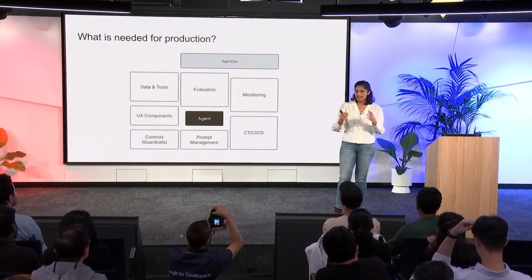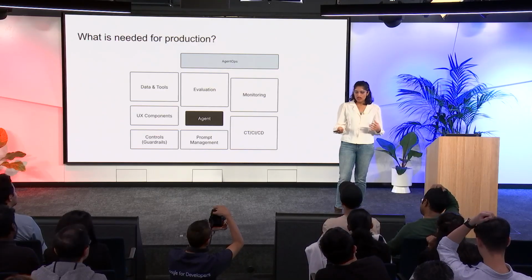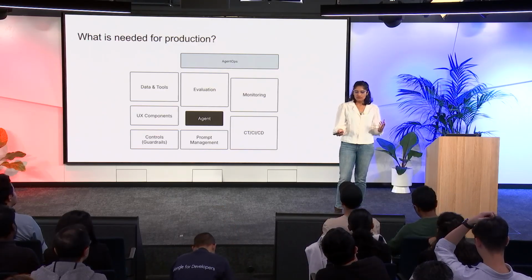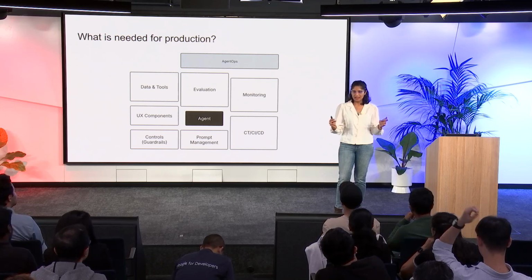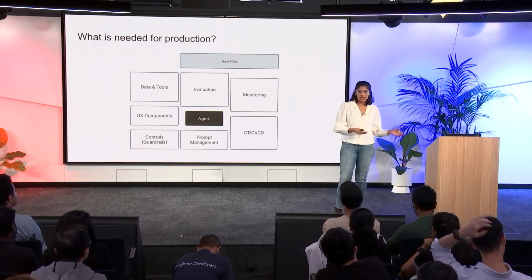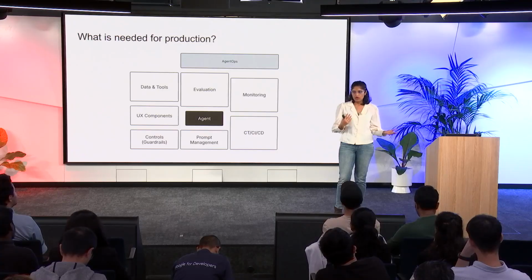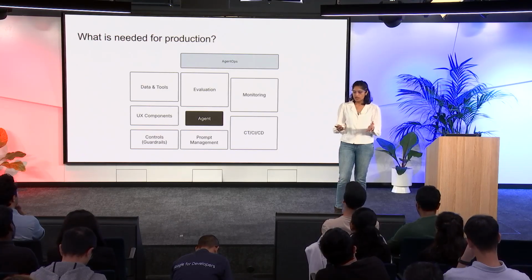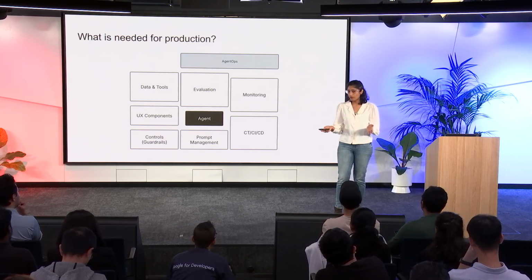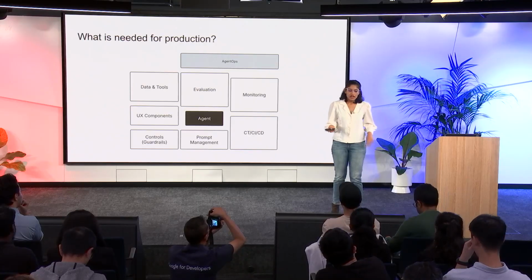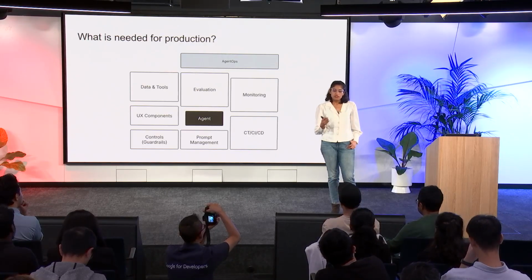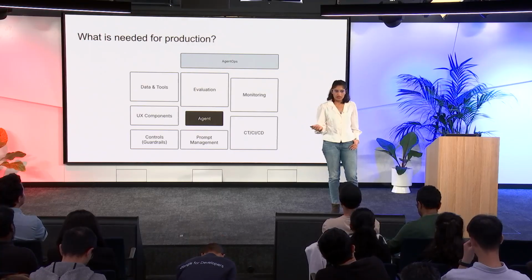And I'm emphasizing that because it's very different from software engineering, where we don't really have something like prompt management. We have code versioning, but we don't have prompt versioning or even data versioning or model versioning. So these are the parts that we bring in when we talk about agent ops. Then the peripheral parts, but really important ones, are data and tools, and the UX of the agent, which is absolutely important.